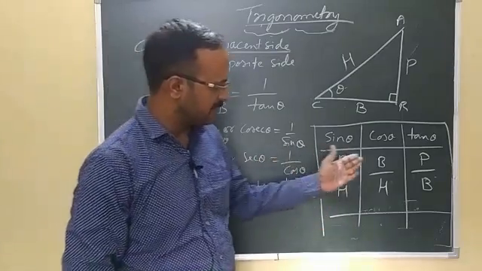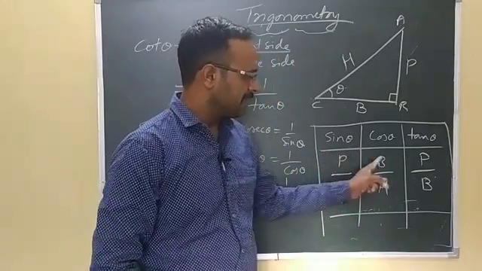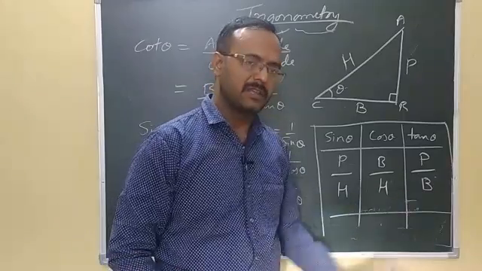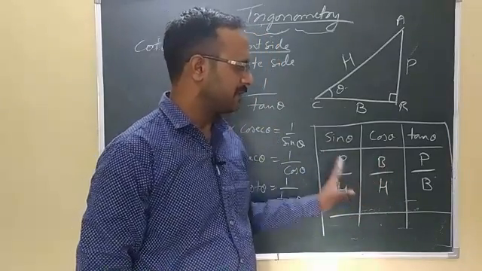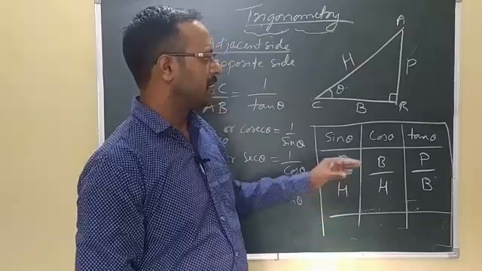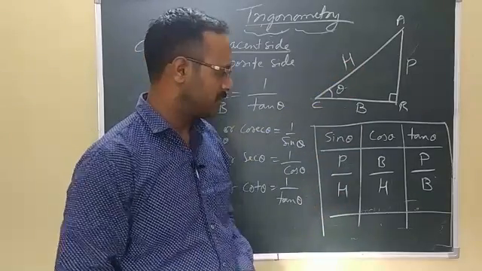You can memorize it like this: Pandit Badri Prasad Har Har Bole. So in this way you will memorize these formulas easily and you can apply them in your questions.